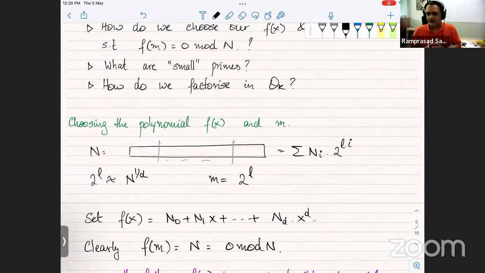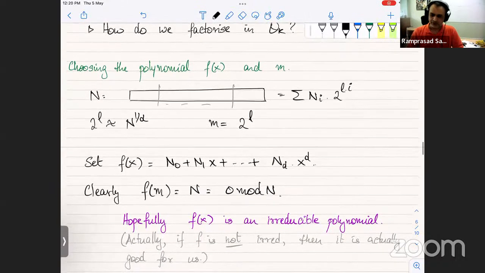So basically, we're just going to take the representation of n, chunk it up, and build our polynomial based on that. If you want a degree 3 polynomial, we'll split it into 4 parts. If you want a degree 7 polynomial, split it into 8 parts, and so on. Of course, we wanted f to be an irreducible polynomial, so we now pray that the polynomial we ended up constructing is irreducible.